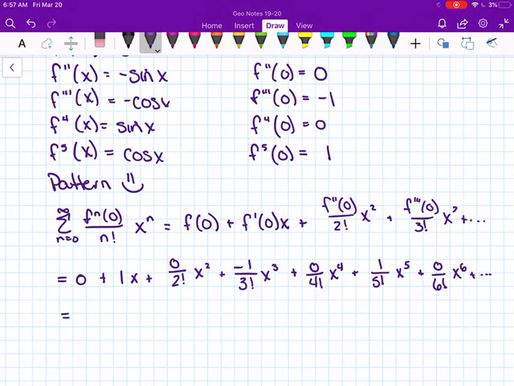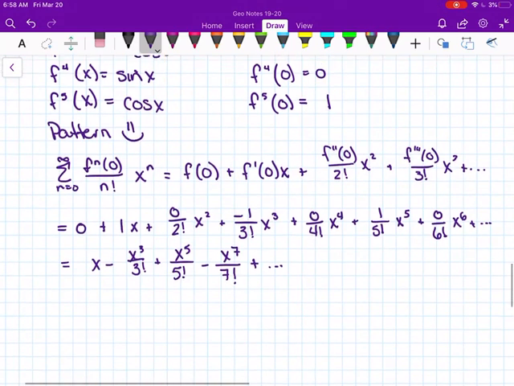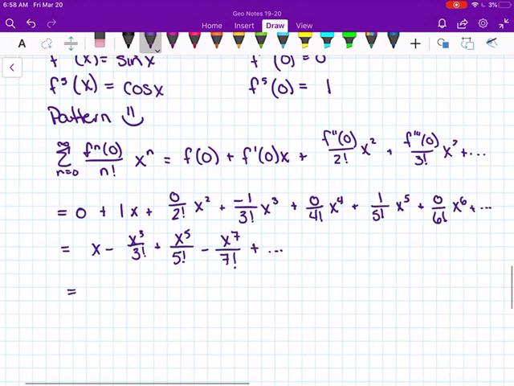And we see that all of the even powers go away. So I'm just going to end up with x minus x cubed divided by 3 factorial plus x to the 5th divided by 5 factorial minus x to the 7th divided by 7 factorial plus, the pattern continues.